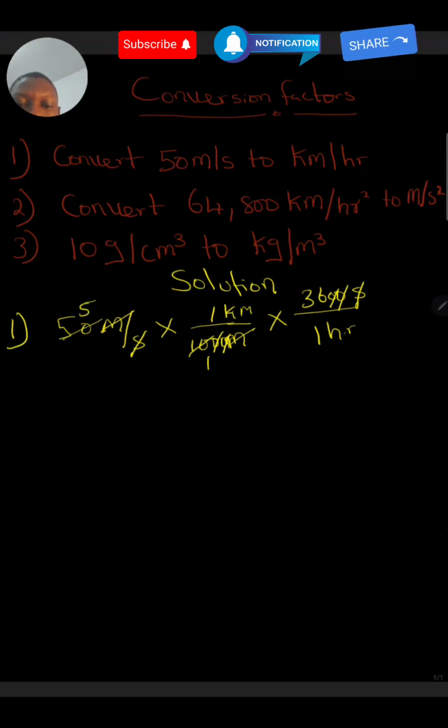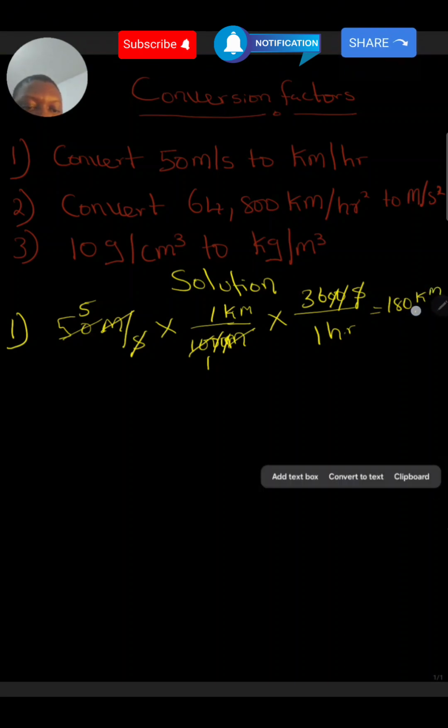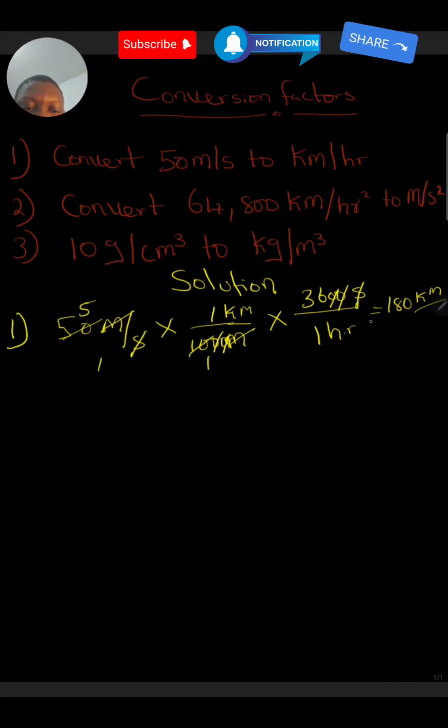So 5 times 36 is 180. Now what is our unit left on the top? We have kilometer. Kilometer over, and what is our unit left down? Everything here is 1, 1 times 1 times 1, and we have hour. So therefore, this is the answer to the first question.